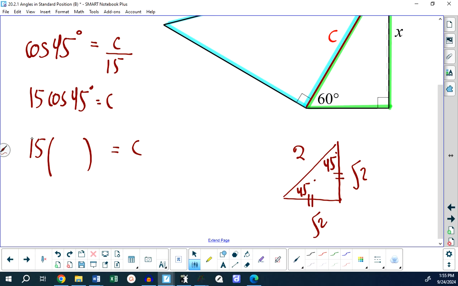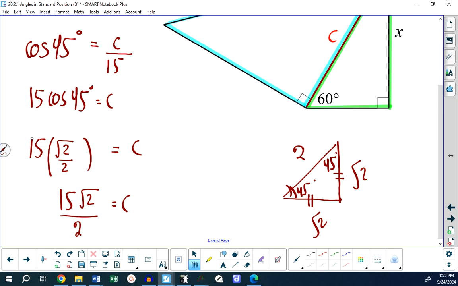But that means cos of 45 is, looking at this 45-degree angle here, everybody, adjacent over hypotenuse. It's root 2 over 2. The exact value of that common side is 15 root 2 over 2. That's the exact value.